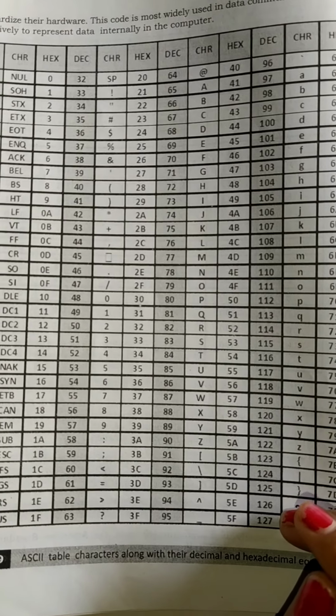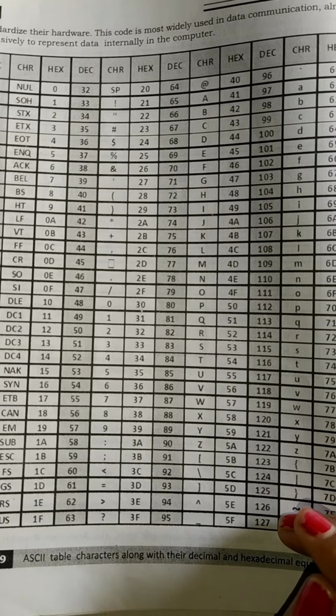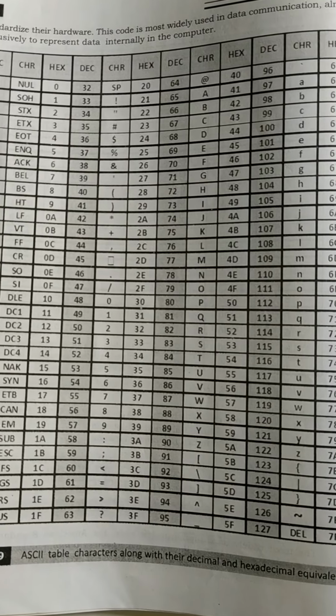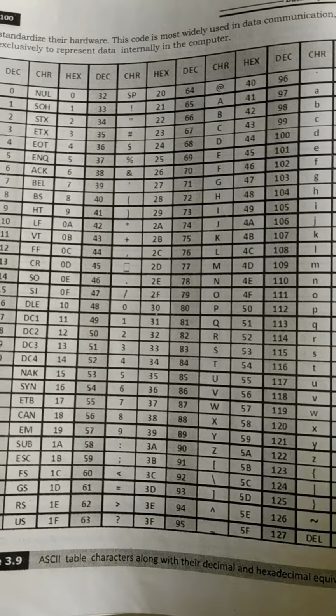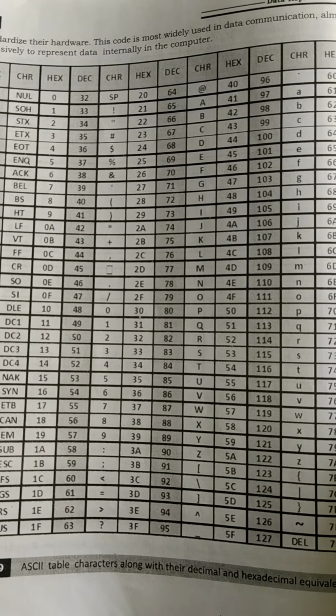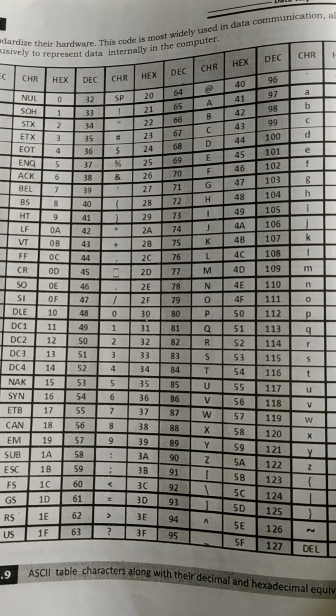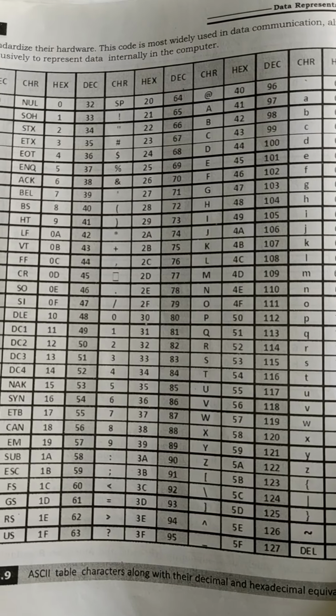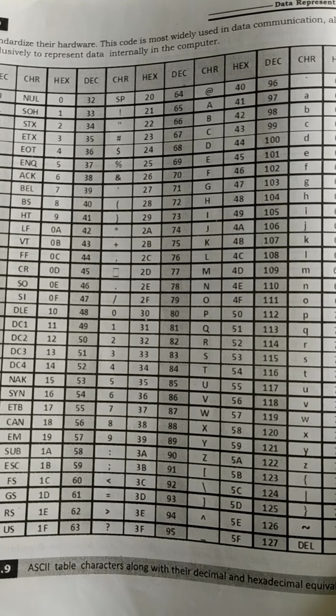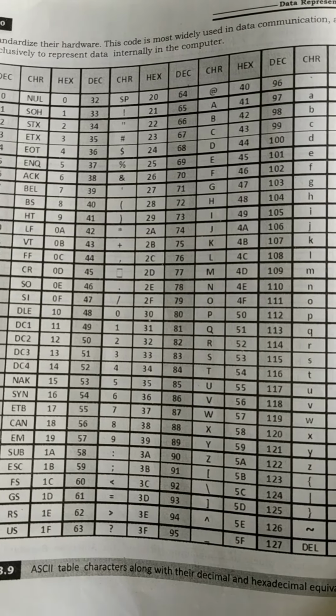Like that it represents any values. So ASCII 7 is a 7-bit code, so it has 2 to the power of 7, that is 128 possible code groups. It is more than enough to represent all the standard keyboard characters.